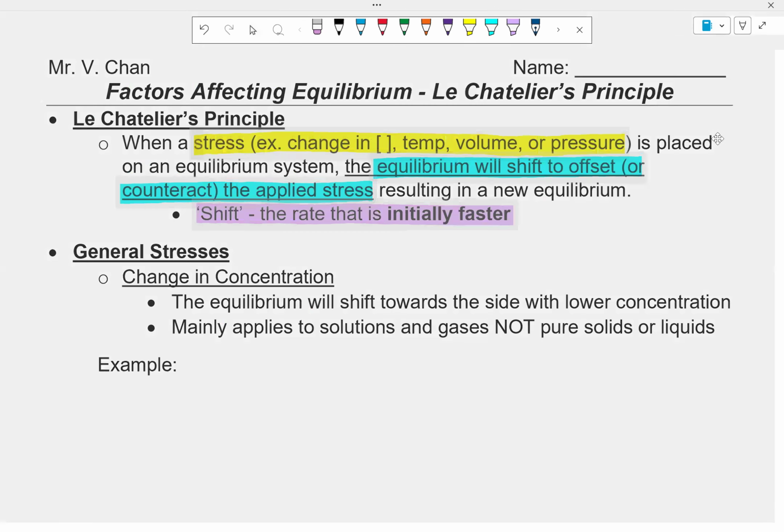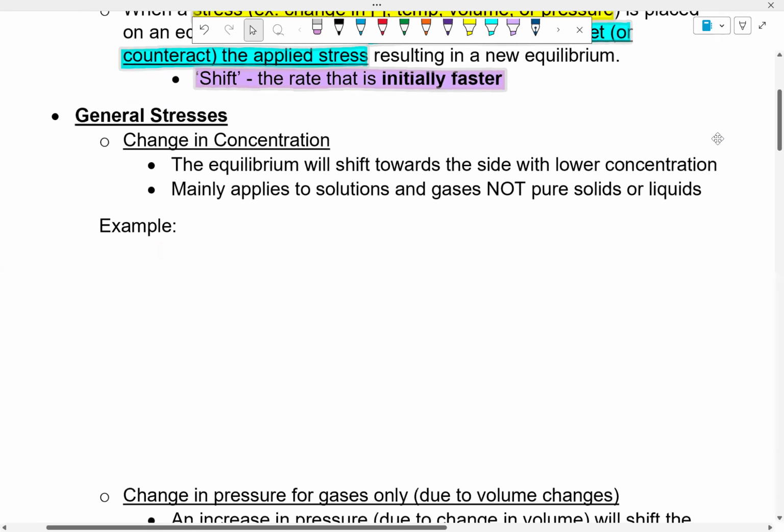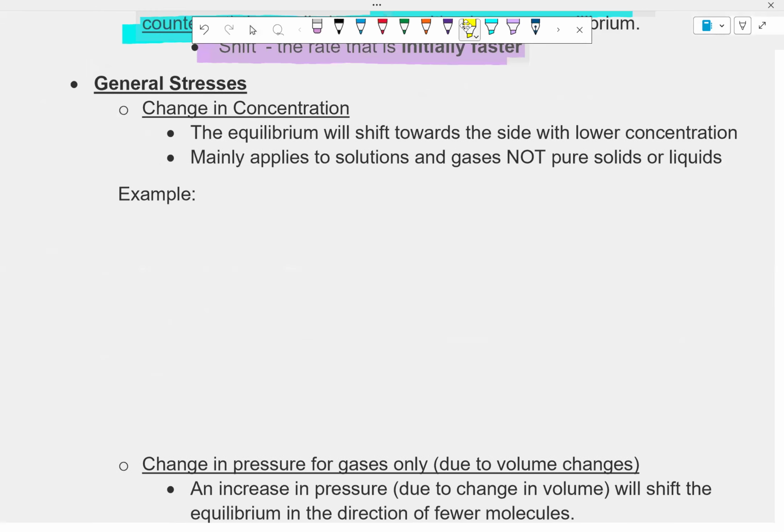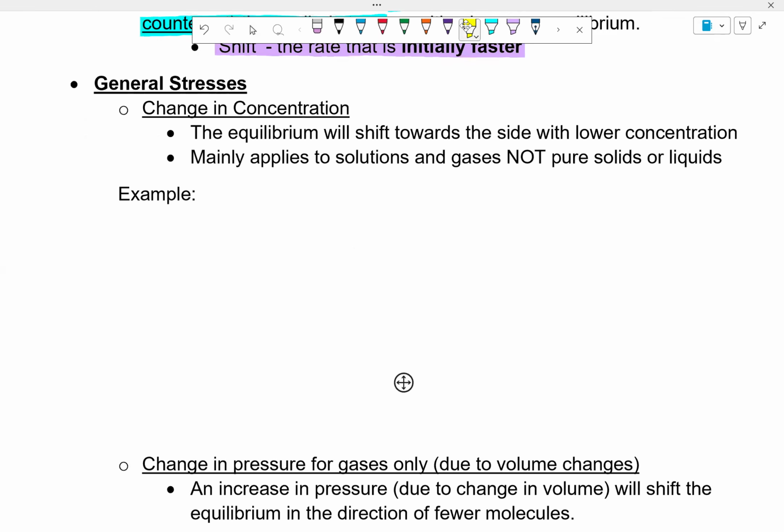Now, what I want to do is talk about some general stresses. One of the general stresses that we deal with is a change in concentration. When there's a change in concentration, the equilibrium will shift towards the side with lower concentration.